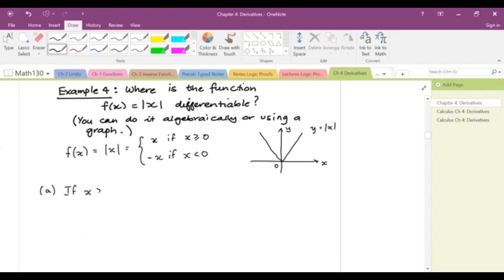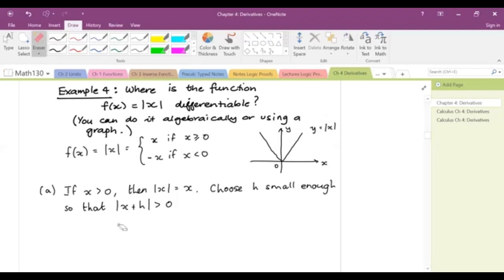If x is greater than 0, then mod x equals x. In the definition, we choose h small enough. Recall that in the definition, we are considering h to be very small and h going to 0 anyway, so that x plus h is greater than 0.